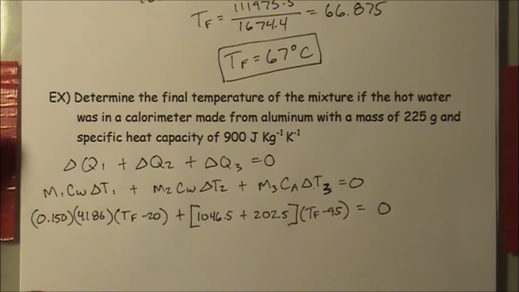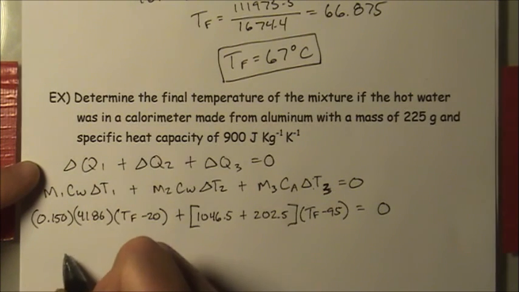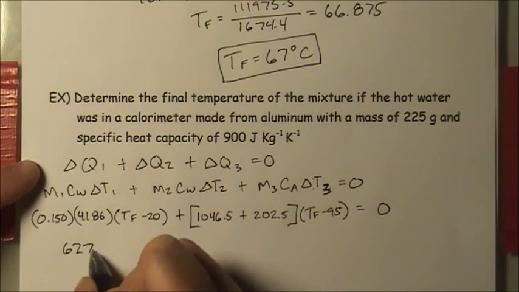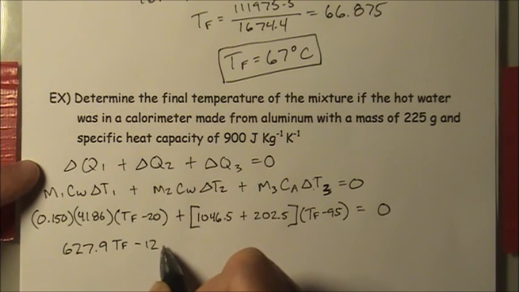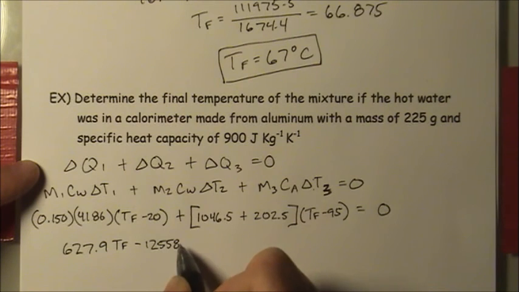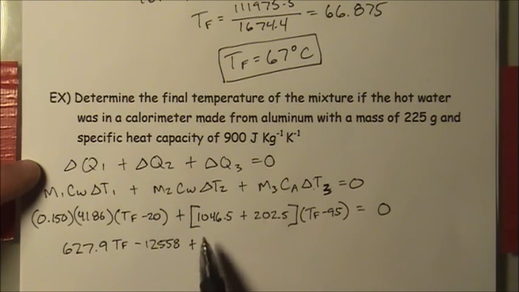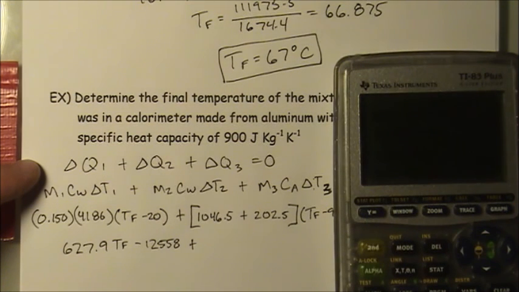So just pulling some of this stuff together. On this side we ended up with 627.9 TF minus 12,558, plus, so now we're going to get the number for the TF, that is 1046.5 plus 202.5.